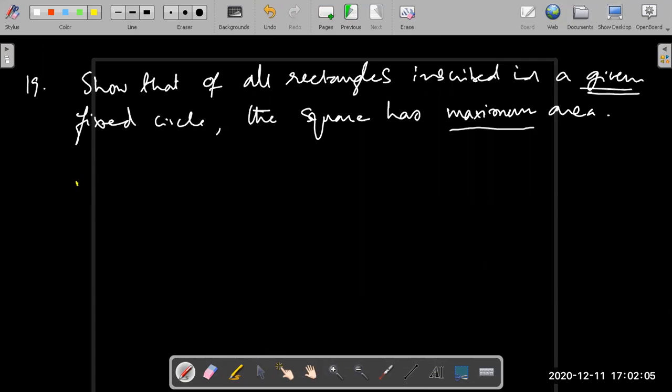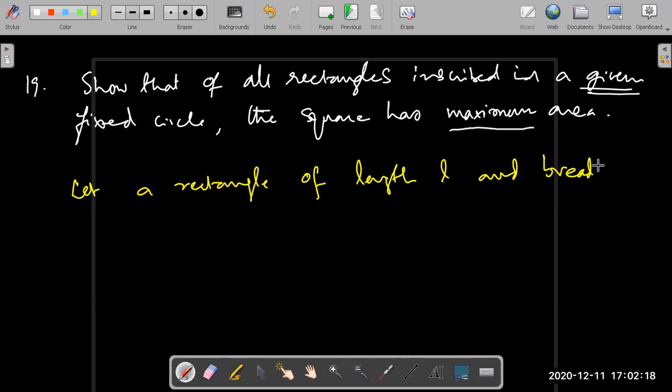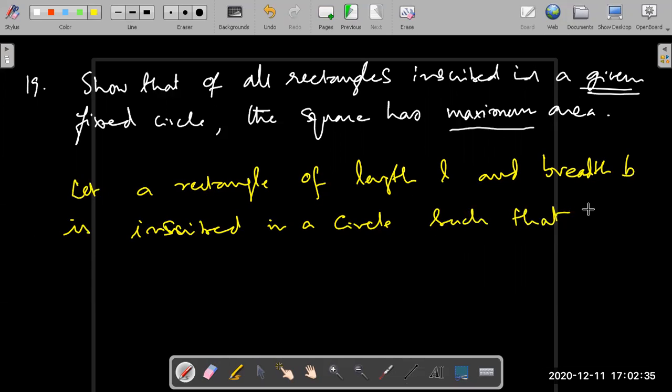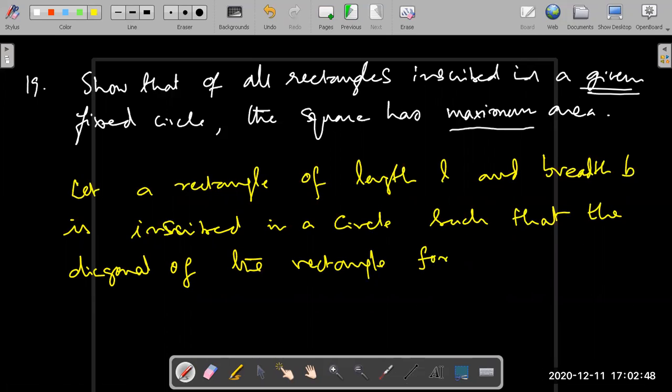So let a rectangle of length L and breadth B be inscribed in a circle such that the diagonal of the rectangle forms the diameter of the circle.